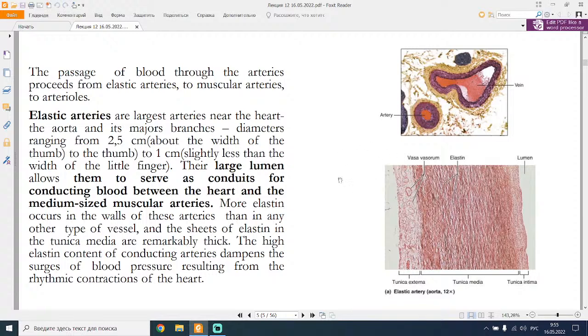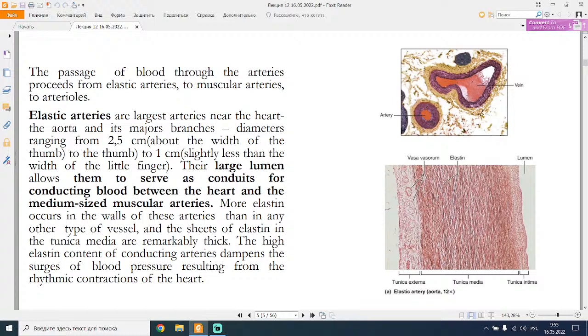The passage of blood through the arteries proceeds from elastic arteries to muscular arteries to arterioles. Elastic arteries are the largest arteries near the heart: the aorta and its major branches, with diameters ranging from 2-5 centimeters to 1 centimeter.